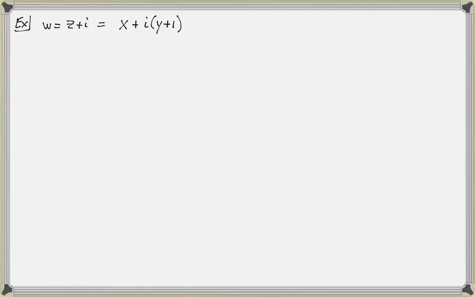So this function is called a translation. This is a translation of each point z moving up 1 unit.